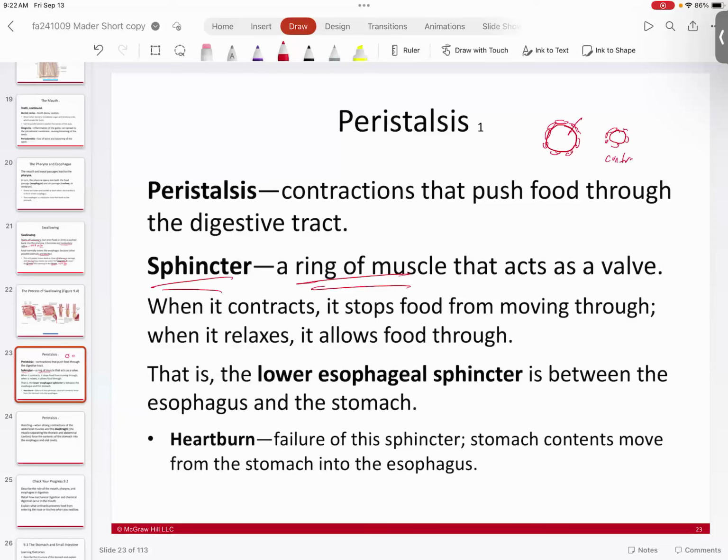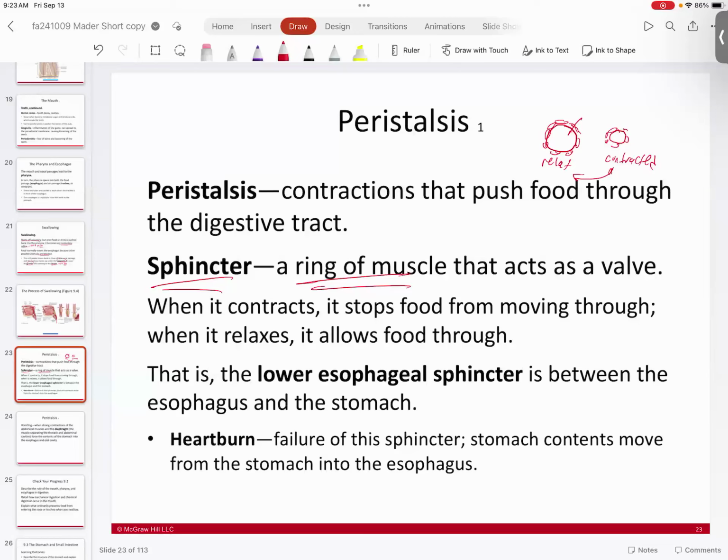When it relaxes, it opens it back up. So basically it's like a cinch cord, right? When it contracts, it cinches down on the tube, shutting off whatever's coming through. And when it relaxes, it opens up the tube, allowing passage.